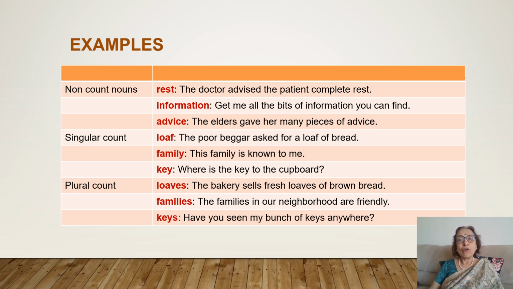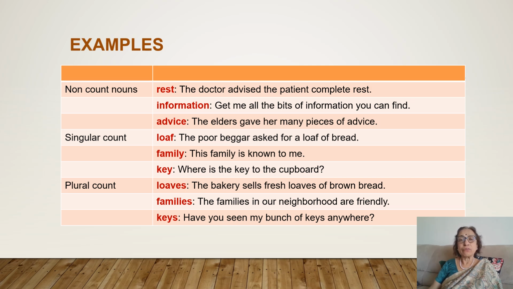These are very often mistaken in usage. You find that many people are using the S form here, which you will avoid from now, because now you know that this should not be used. The poor beggar asked for a loaf of bread. Now, bread is a loaf, or you can say a slice of bread, as I told you.